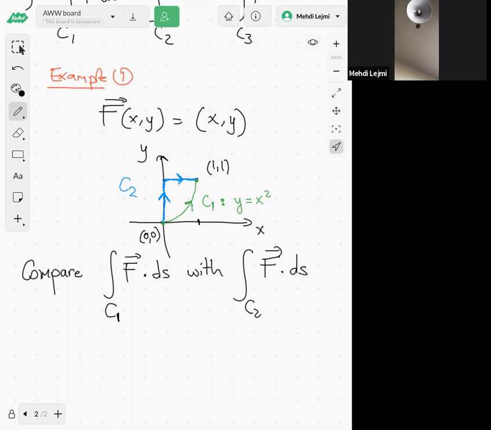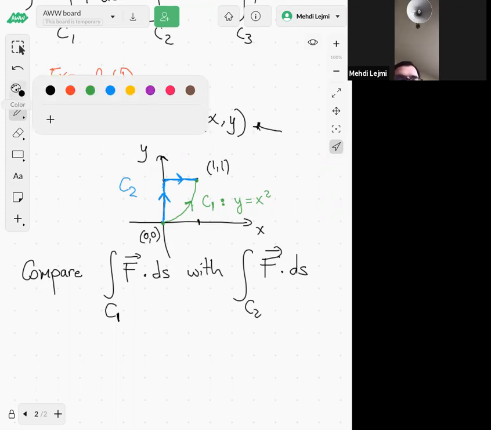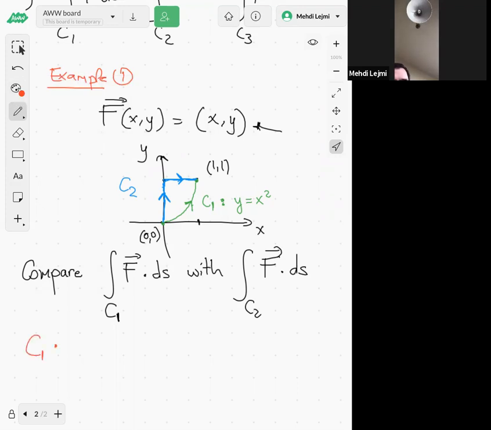Okay, along C1, we know f, of course, is just this (x, y). So we have to parameterize C1, right? That's the missing thing here. So what's C1? C1 is just the parabola, so we have to parameterize C1.